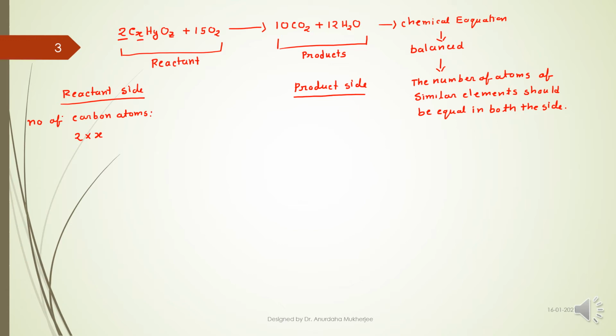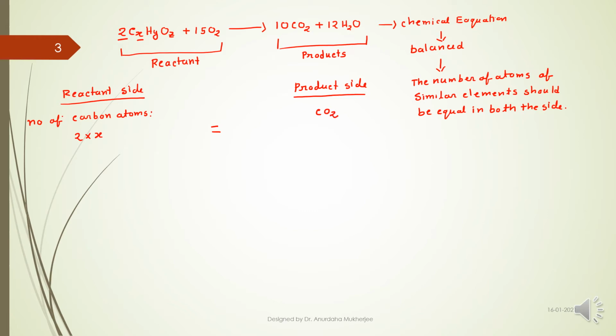The carbon atoms are present in only one molecule, CxHyOz. So 2x should equal the number of carbon atoms in the product side, which are only in carbon dioxide.